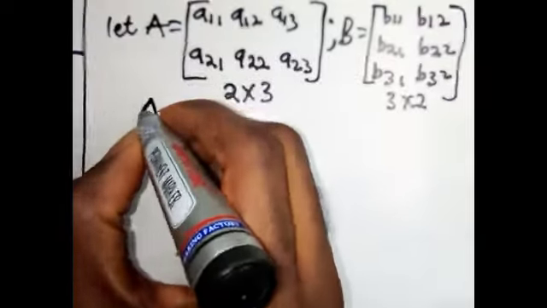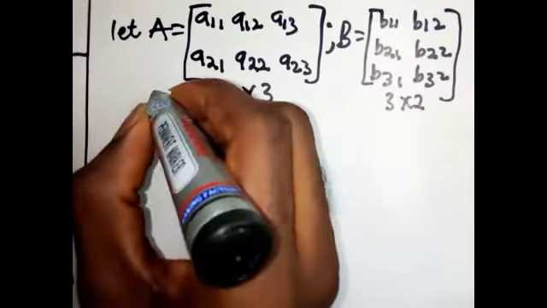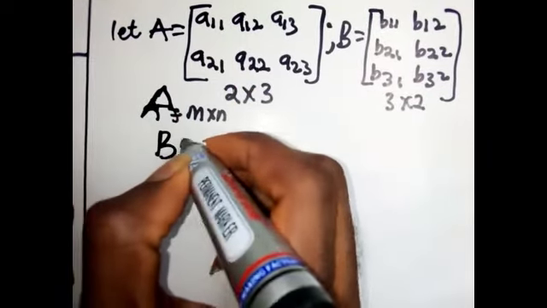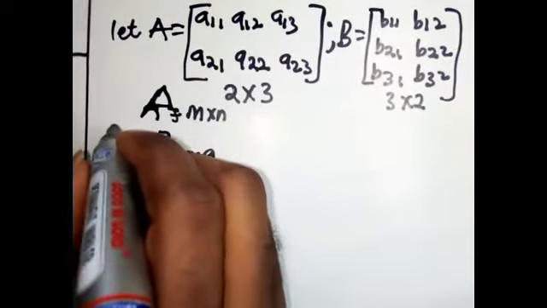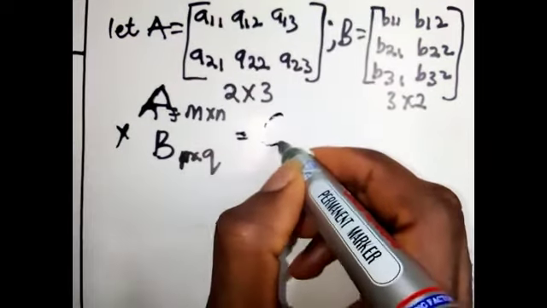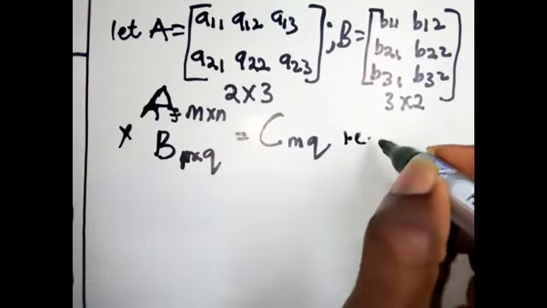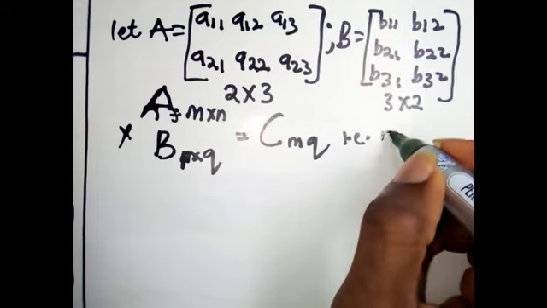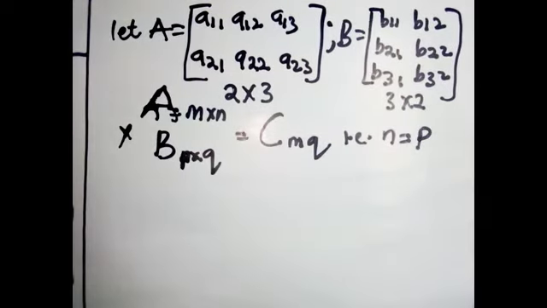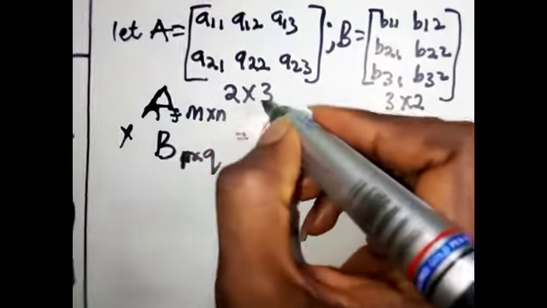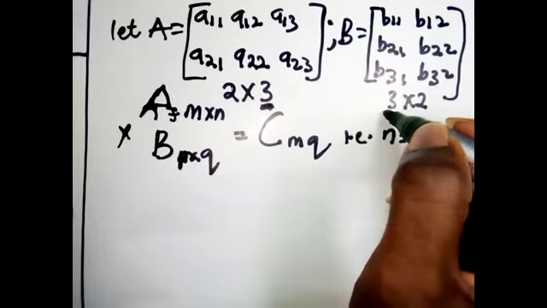The rule states that if matrix A is of m by n dimension, and matrix B is of P by Q, then both of them can multiply to give us matrix C, which is M by Q. That is, the number of columns of matrix A must be equal to the number of rows of matrix B. Hence, you will see that the number of columns of matrix A is 3 and the number of rows of matrix B is 3.